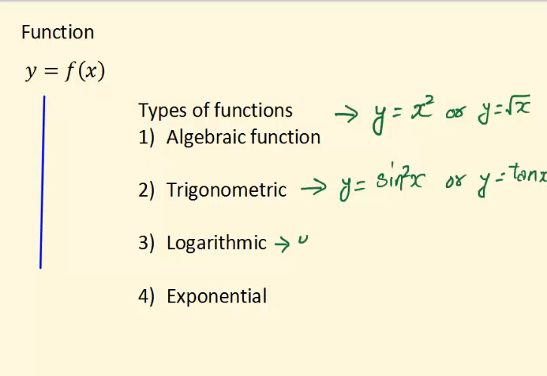Logarithmic function example would be y equal to ln x. Exponential function can be of types like y equal to e to the power x, and so on. In physics, we are going to encounter typically these four types of functions.